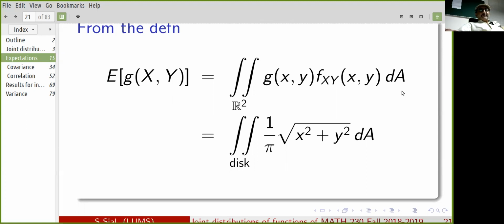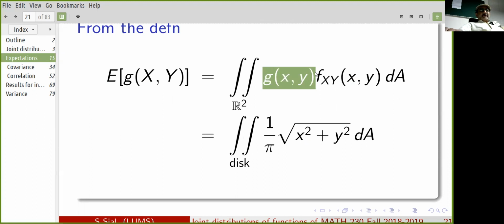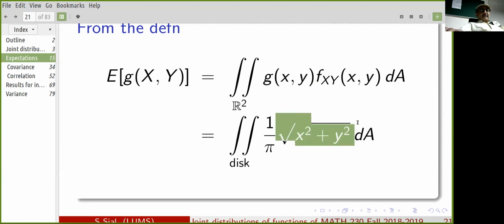The only non-zero part is the part on the unit disk. So you have to do the double integral over the unit disk, and f sub xy has the form 1 over pi, and g of x, y has the form root of x squared plus y squared.